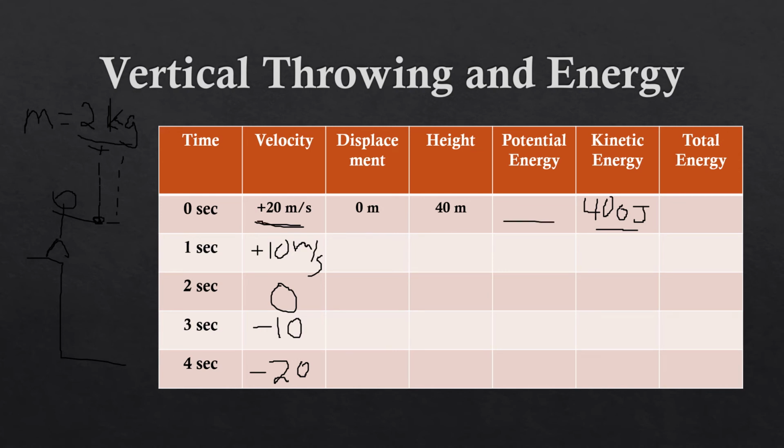Potential energy is mass, gravity, height. 2 times 10 times 40 is 800. So our total energy here is 1200. So every spot is going to have a total energy of 1200.